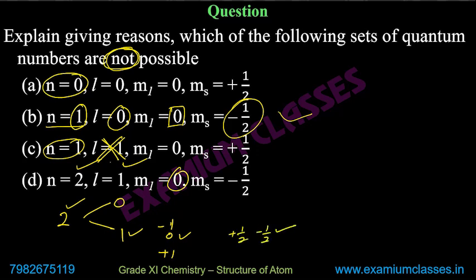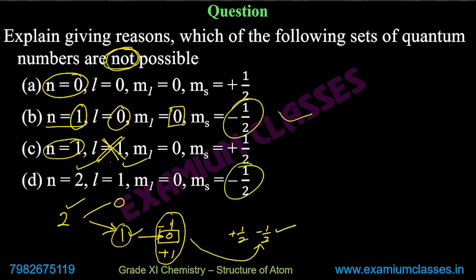So -½ is there. So this is a possible configuration. Second shell can have P subshell. One means P subshell. Within P subshell, there will be 3 orbitals, denoted by -1, 0, +1. So 0 will be the one orbital. It can have 2 electrons, +½ and -½. So -½ is possible.